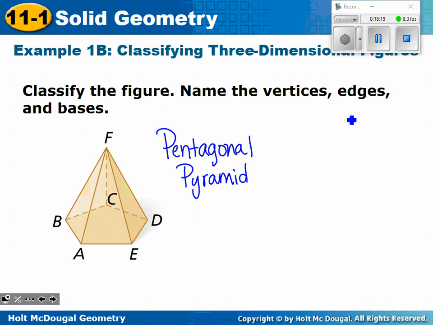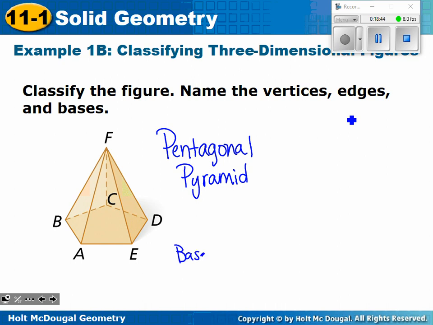I'm not going to list all of these, but I just want to make sure you understand that the vertices would just be all the letters, A, B, C, D, E, F. The edges, how many edges would we have to list here? 5, 6, 7, 8, 10, okay? So we would list all 10 of those edges. And then how many bases are there? 1. So I am going to name the base.